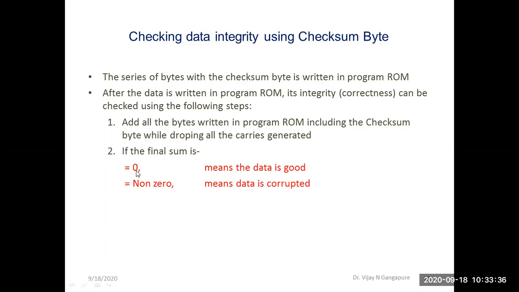And if the result is non-zero, that means the data is corrupted, not written properly, there is some corruption, so you have to rewrite that data again. In this way we can check data integrity by using the checksum byte.